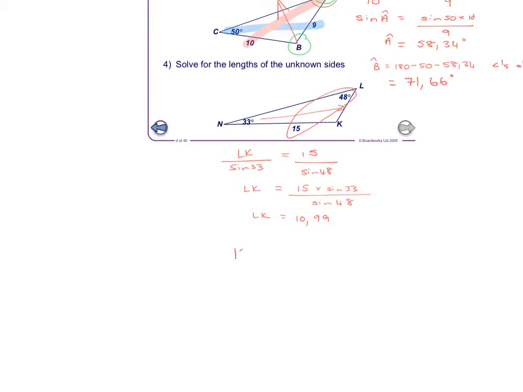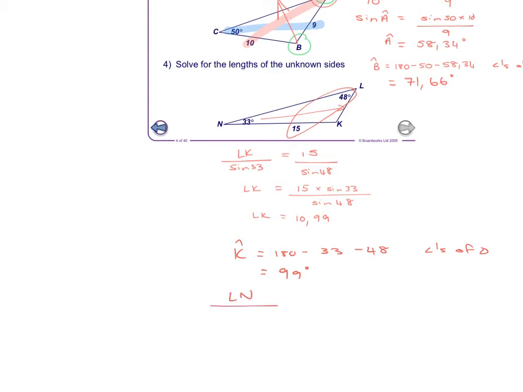And then I can work out angle K is going to be 180 minus 33 minus 48, angles of a triangle, and we're going to get 99 degrees. All right. So then we want LN.